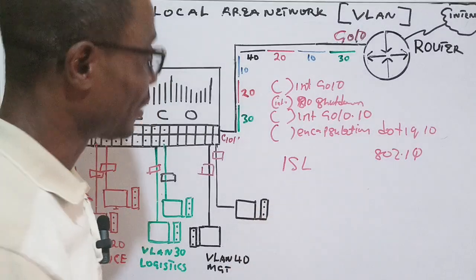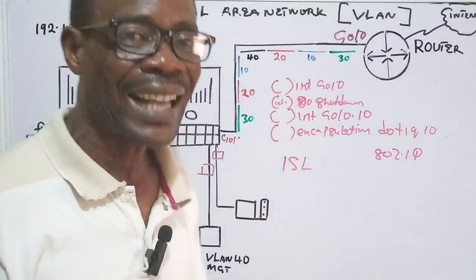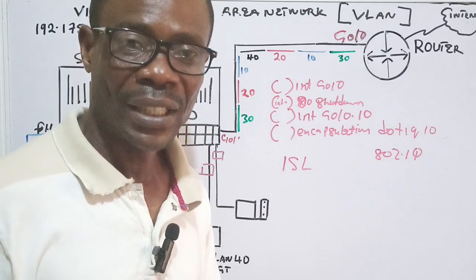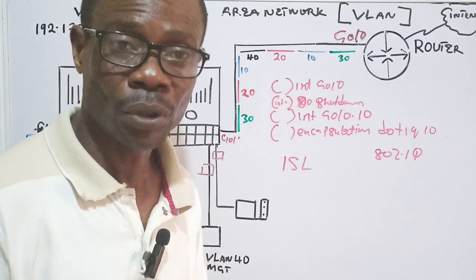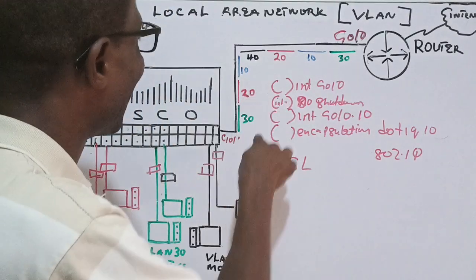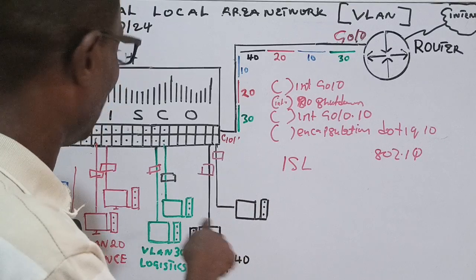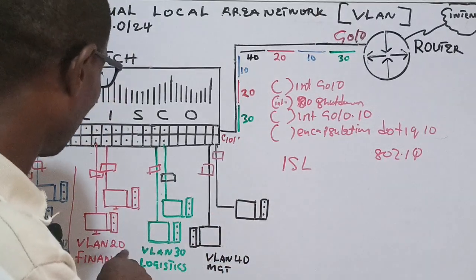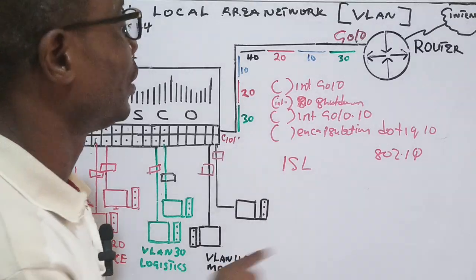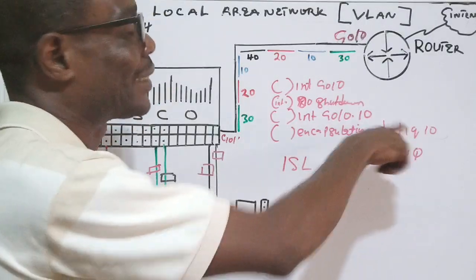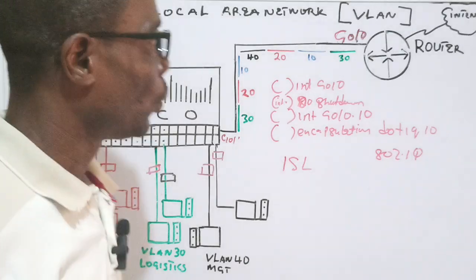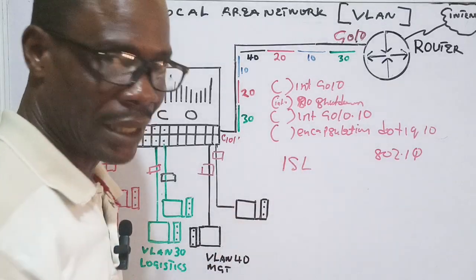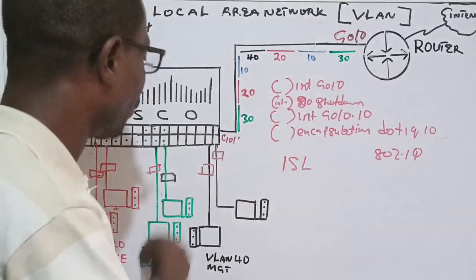Do you know what this means? It is for tagging VLAN frames, and it is a trunking protocol, because if a user in VLAN 10 wants to talk to a user in VLAN 20, that frame is going to be tagged with VLAN 10, notifying the router that this VLAN 10 user wants to talk to a VLAN 20 user.